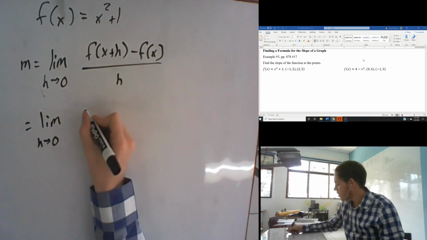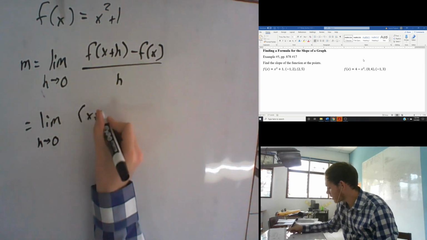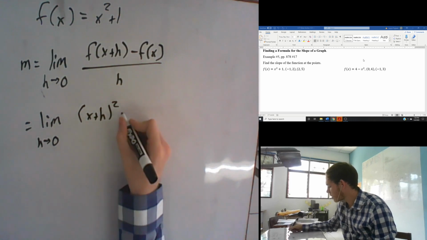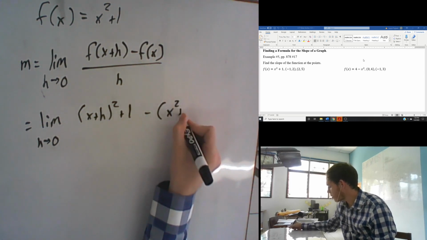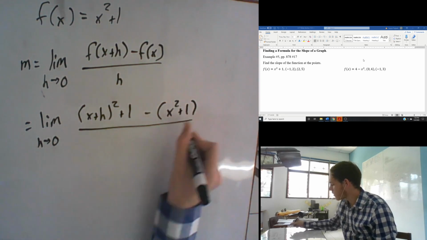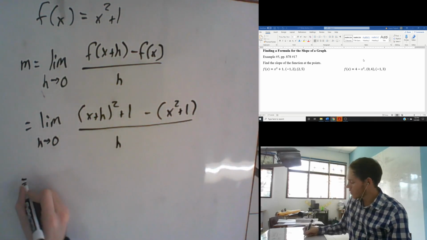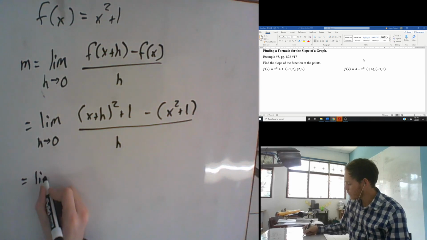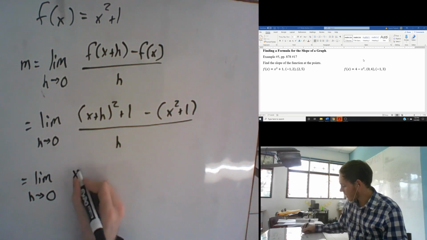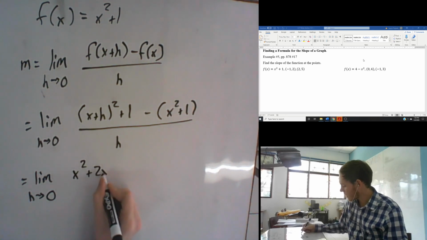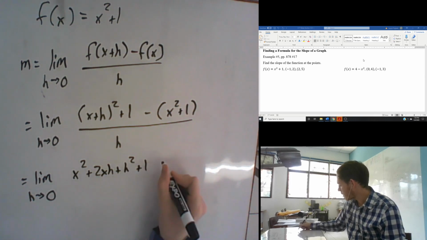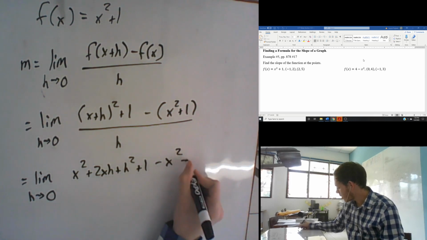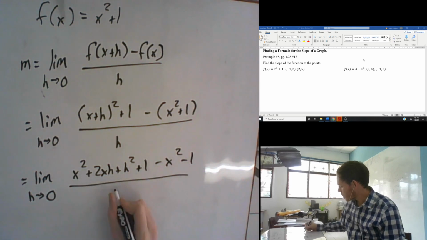As h approaches 0, you're going to get x plus h squared plus 1 minus x squared plus 1, all over h. So again, we get the limit as h approaches 0 of x squared plus 2xh plus h squared plus 1 minus x squared minus 1, over h.